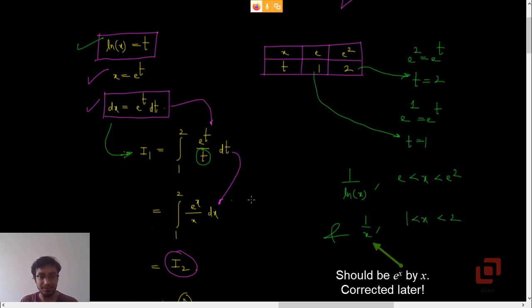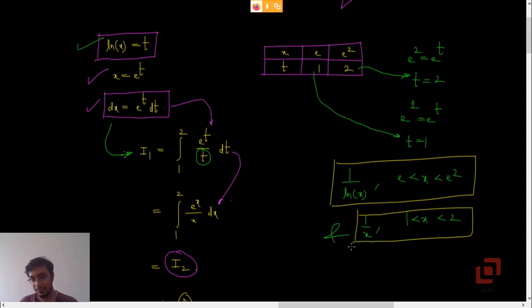These two areas are same. So the same question can also be framed as an application of definite integral question.